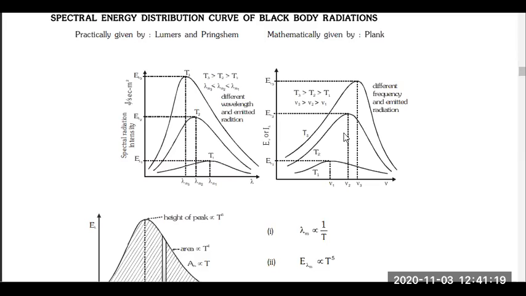After that, it will start reducing, okay. So this is your spectral energy distribution curve of black body.